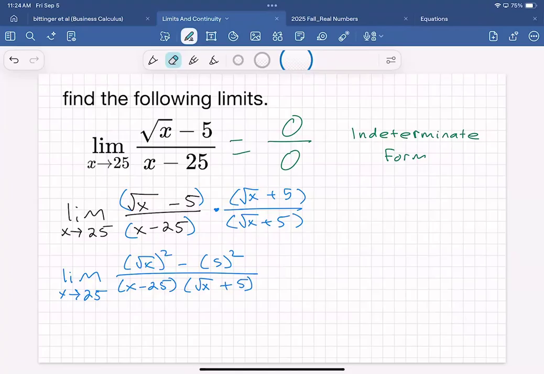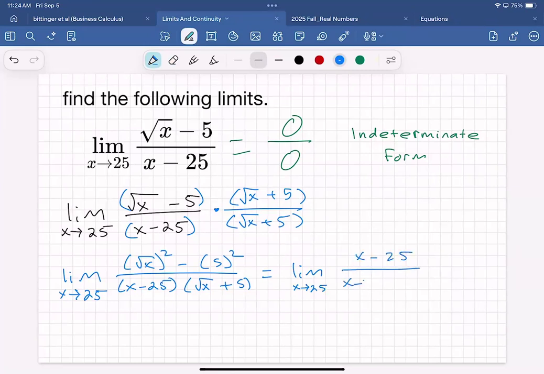Okay. With that said, though, this limit now can be simplified. As x minus 25 all over x minus 25 times the square root of x plus 5.